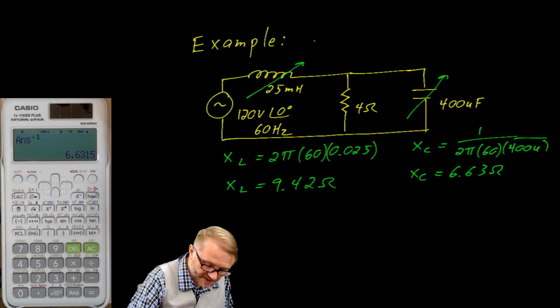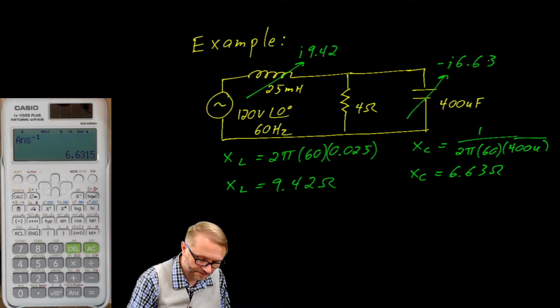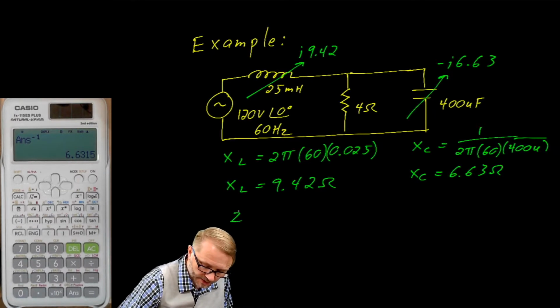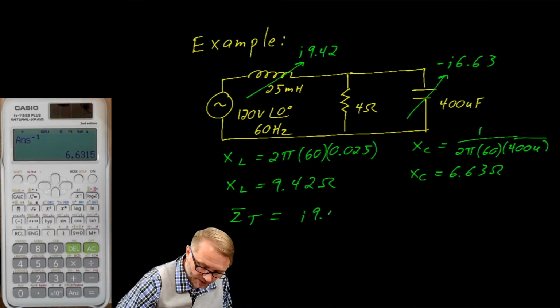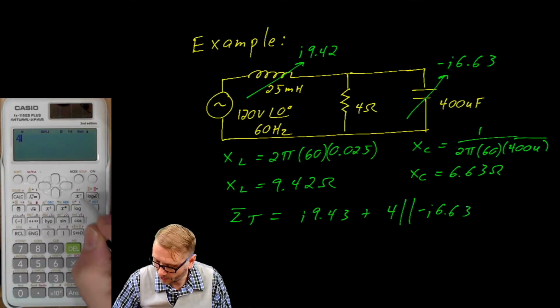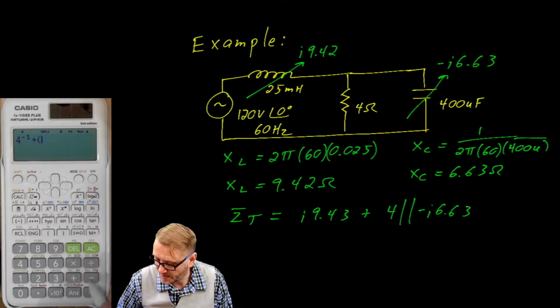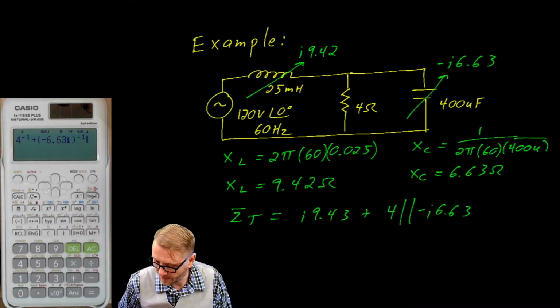At this point, we can move these upstairs. The inductor becomes j9.42, and the capacitor becomes negative j6.63. We can calculate the total impedance as j9.43 plus 4 in parallel with negative j6.63. 4 invert plus parenthesis, negative 6.63j invert.